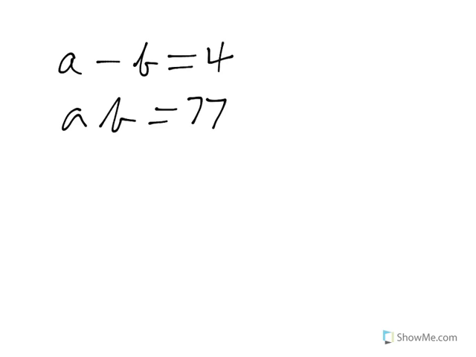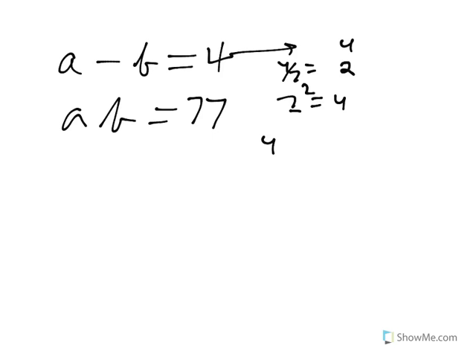Now, suppose instead of being given a plus b, I'm given a minus b and ab. If that's the question, we can divide the 4 by 2. 4 divided by 2 is 2. 2 squared, back to 4.